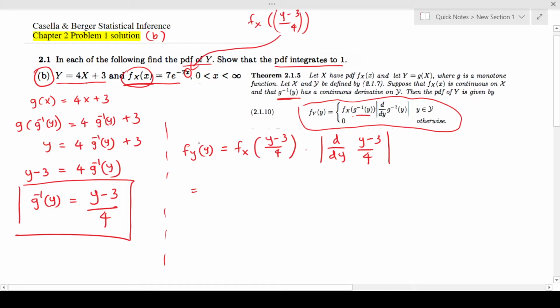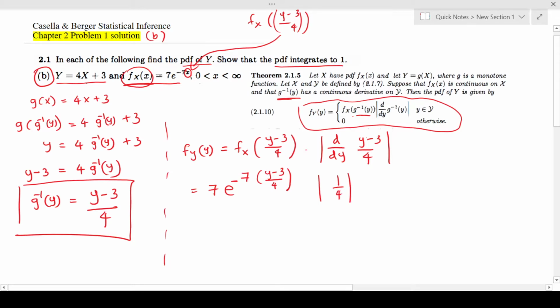I'll do that. This is 7 e to the power negative 7x, but instead of x we substitute (y minus 3) over 4. Then you have to take the derivative of (y minus 3) over 4. This becomes 1, and this is a constant, 0, so 1 minus 0 becomes 1, and you are left with 1 over 4.